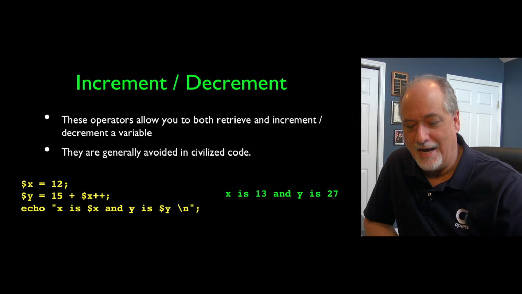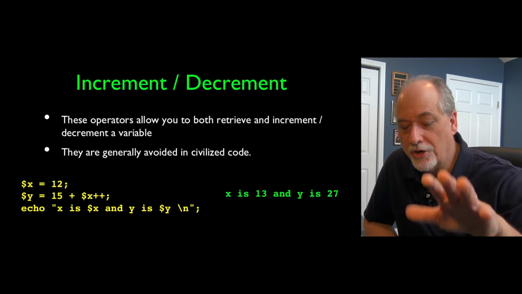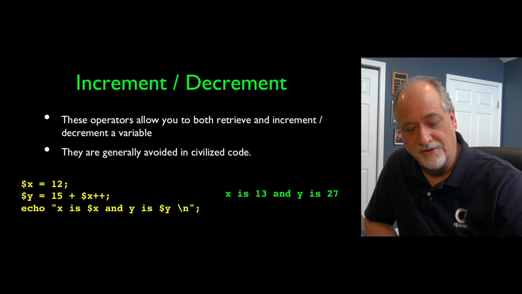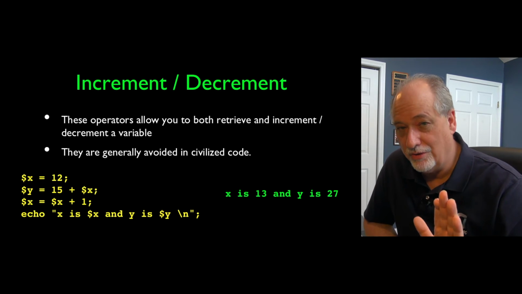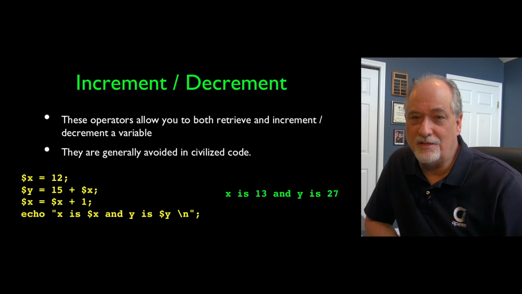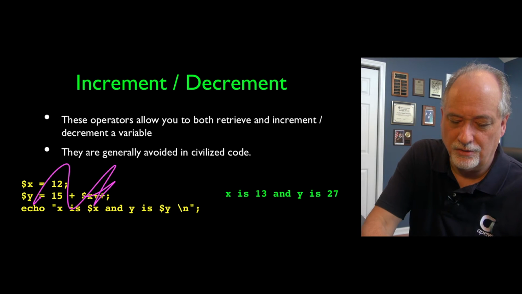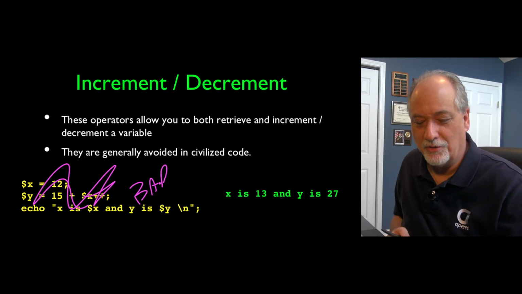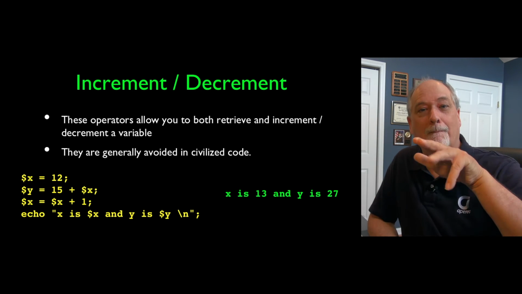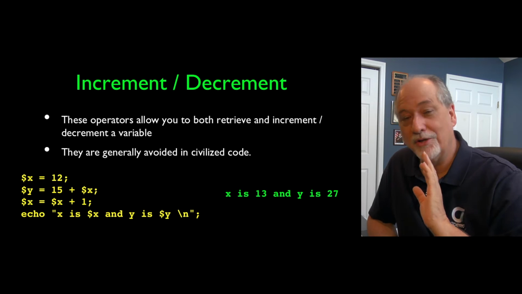PHP really does not care about the difference between this set of code and this set of code. 30 years ago, there might be a performance difference, but today I assure you there's no performance difference, and this is easy for humans to understand, so we tend not to do this. Bad. Except later when I'll tell you it's okay. So whatever, there's rules, mostly bad, most of the time bad, most of the time do this. But you're going to see code.